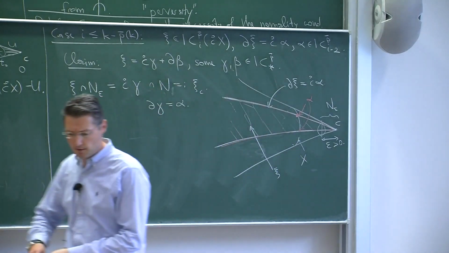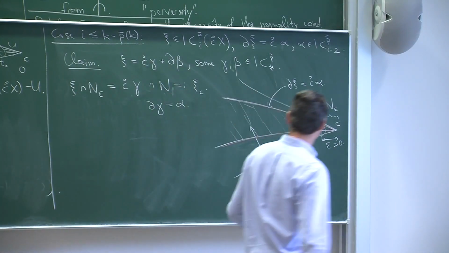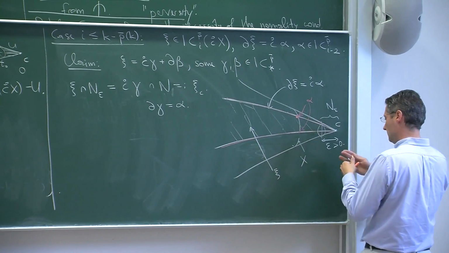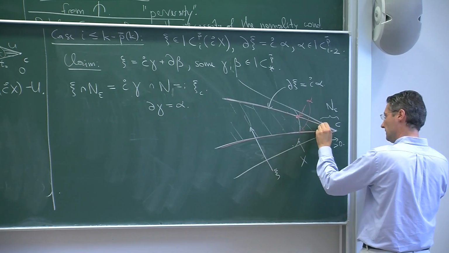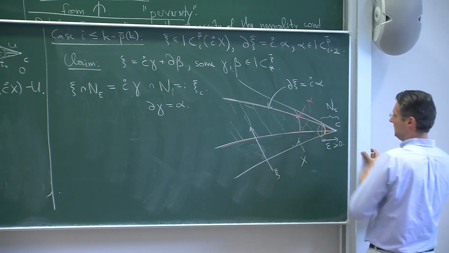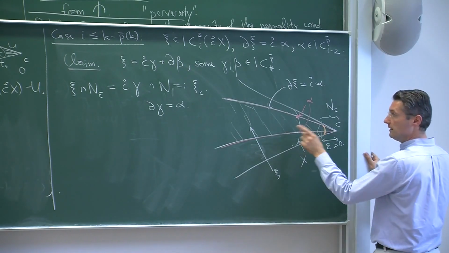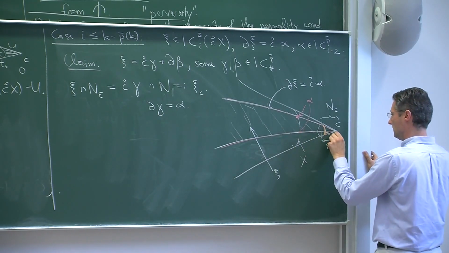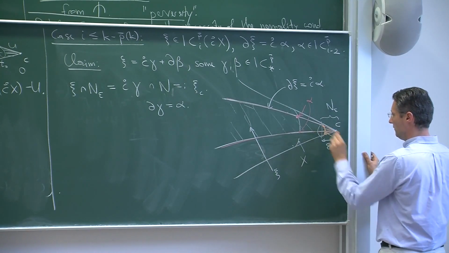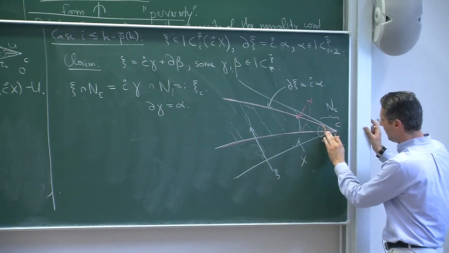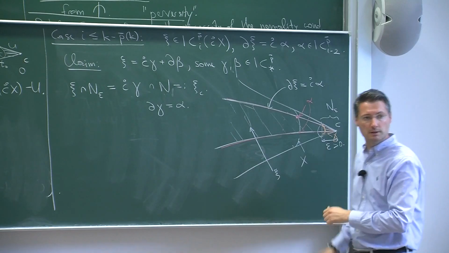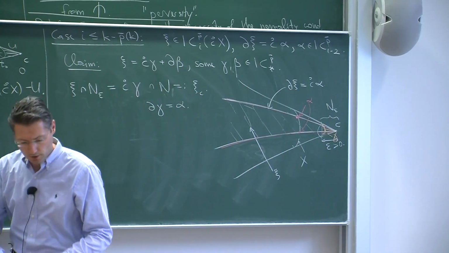Here's the gamma in the picture. You can intersect here and you see the alpha here, and then the Xi, and then the gamma is this orange interval. So the chain here looks like the cone on that gamma, and the boundary of gamma is exactly the alpha, right?